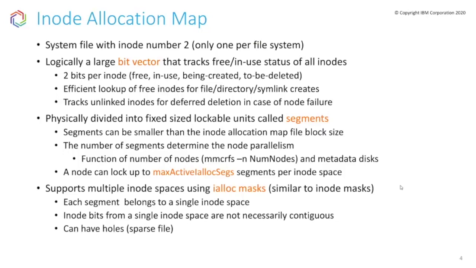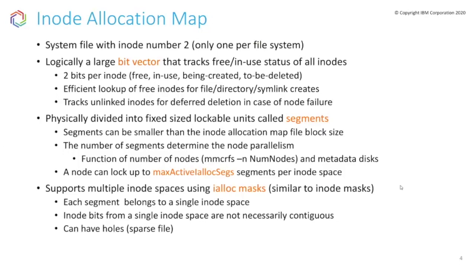Is the inode in use? This greatly optimizes file allocation because you don't have to scan through an expensive large inode file just to find an inode that's free and ready for use. So the bitmap here is a quick indication of what inodes are available for use.